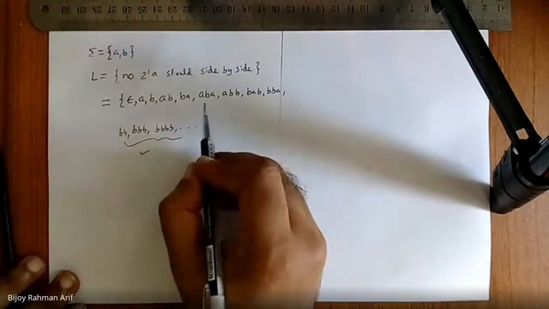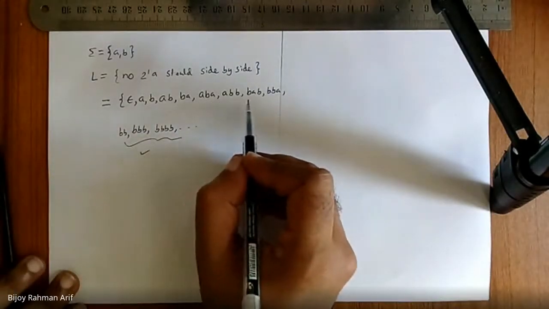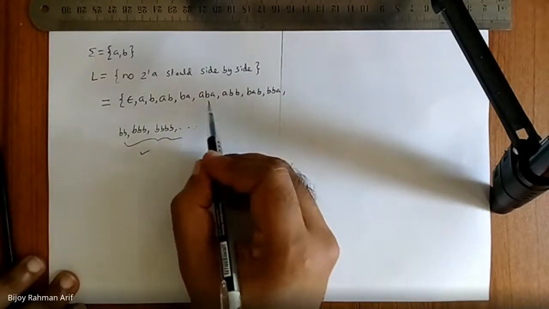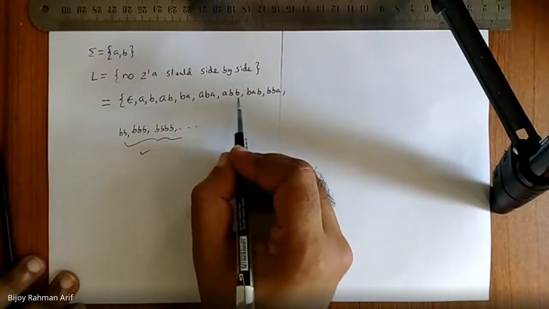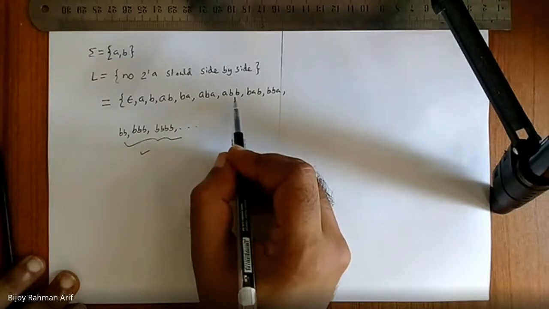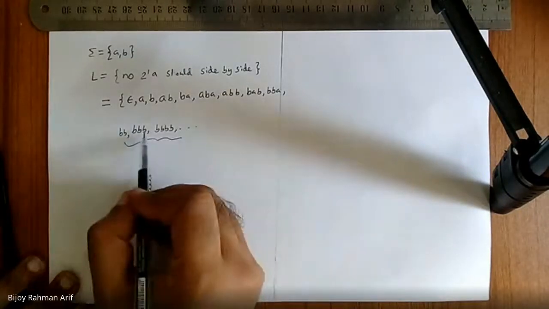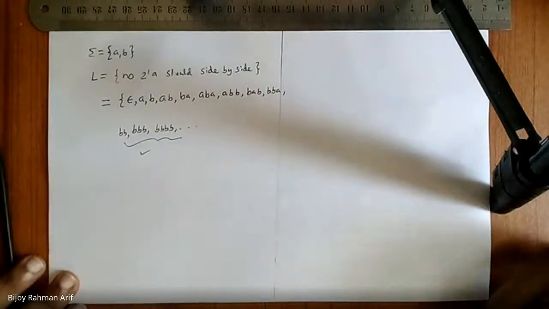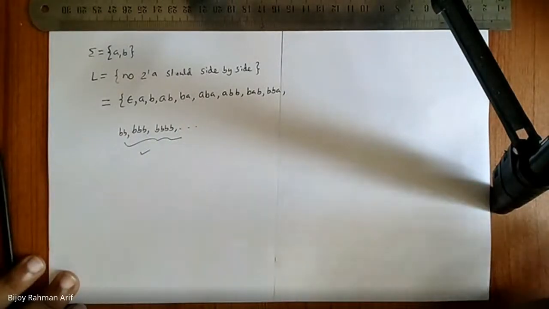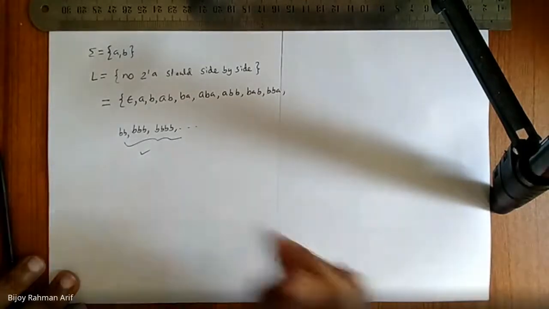So for length 3 and length 4, are there any strings possible? ABA, ABB, BAB, BBA and triple B. Then the rest, like triple A, AAB, BAA, are not allowed. Okay, done. So this way we will continue.